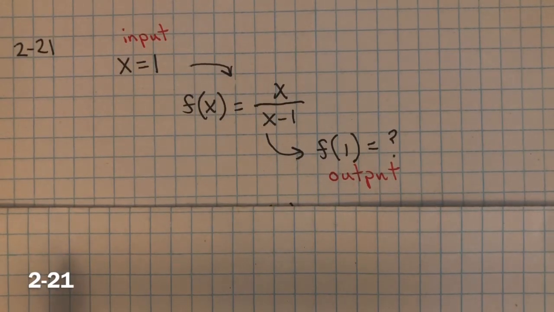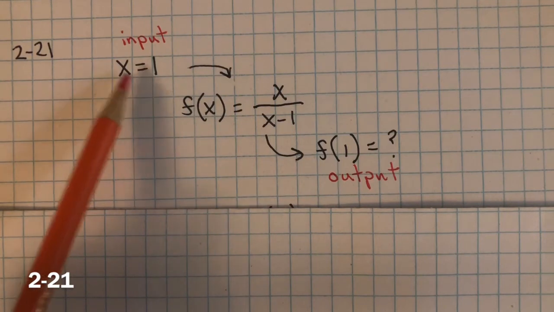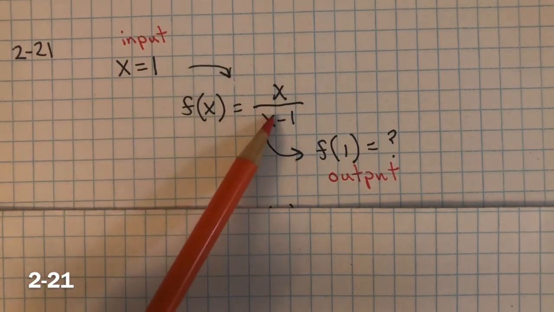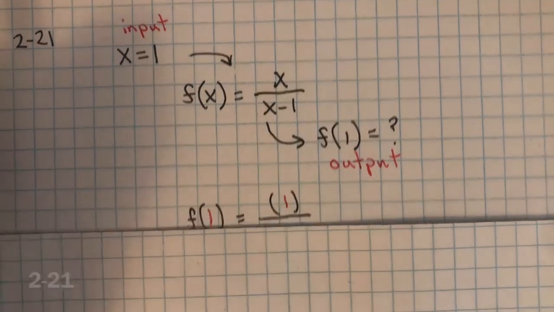221, we need to calculate the output for the function with the given input. So the input is 1, x equals 1. We're going to input it into the function, so wherever there's an x, we're going to substitute that with 1.